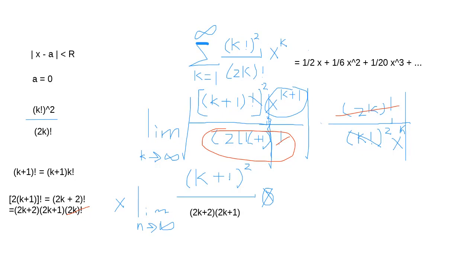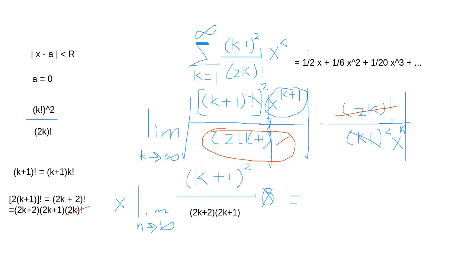Okay, let's see what we get for this. We have a quadratic in the numerator and a quadratic in the denominator. So same degree. So for the limit we take the leading term in the numerator, which is k squared, divided by the leading term in the denominator, which is 4k squared.